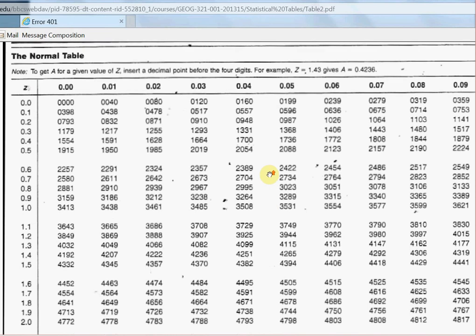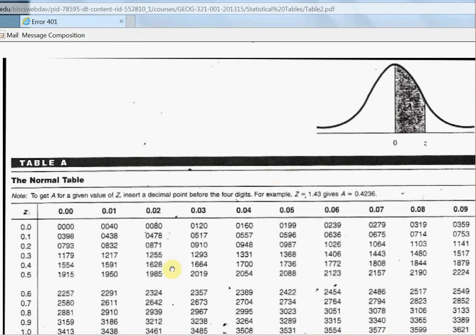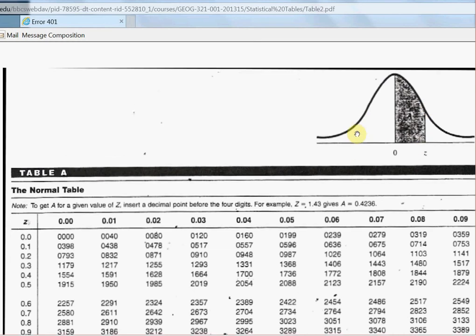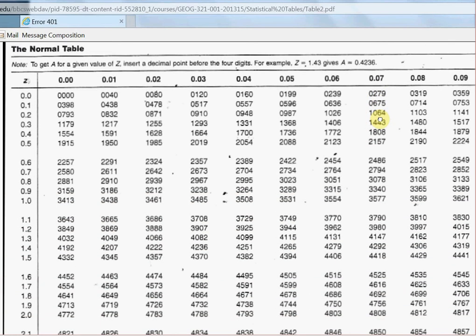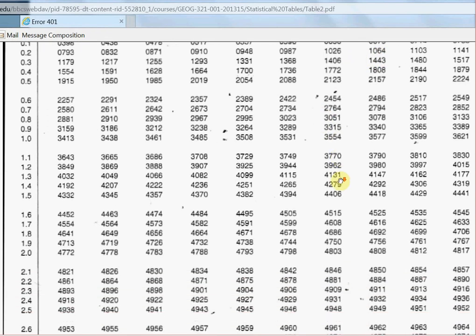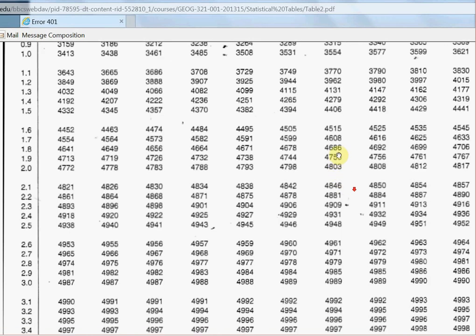For a 95% confidence interval, that means that in the middle you would have 95% probability, and half of 95% is 47.5%. So within this table, you need to find the percentage 47.5. Let's see if we find 47.5.